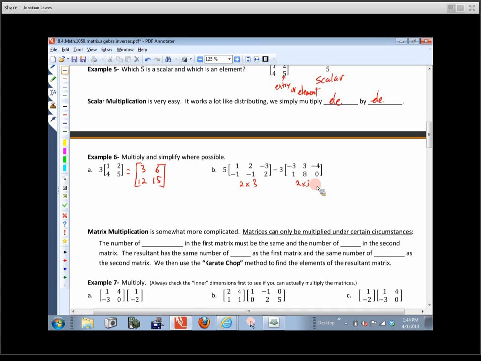Yeah? When you're distributing the 3, can you distribute it as a -3 and then turn it to a positive? Sure, there are a couple different ways. I think this is the easiest way to do this. I think focusing on the negative and dealing with that all at one time is the easiest way to go. So let's go through here and just multiply all these by 5. So this is going to be 5, 10, -15, -5, -5, and 10.